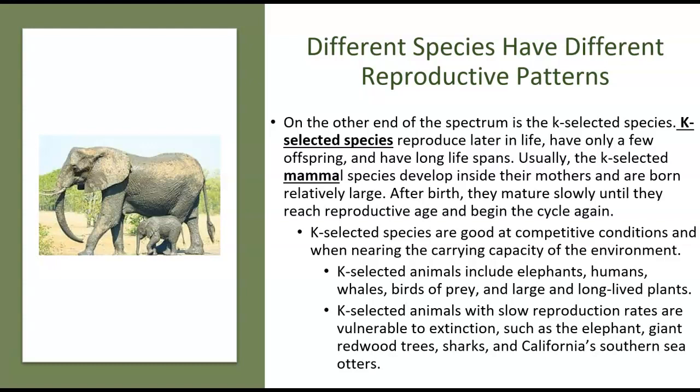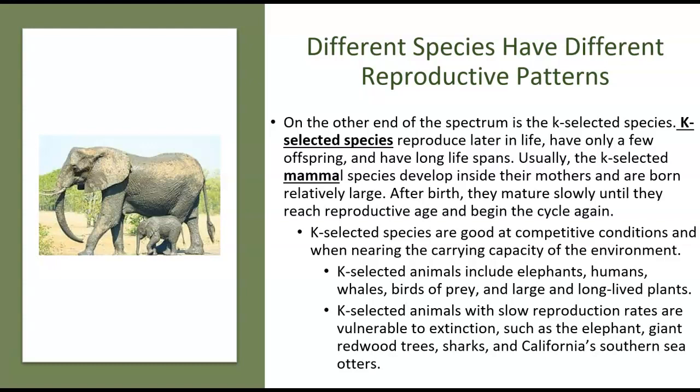After birth, they mature slowly until they reach a reproductive age, and then they can begin the cycle again. K-selected species are good at competitive conditions when nearing the carrying capacity. They include us as humans, elephants, whales, birds of prey, and some large and long-lived plants.